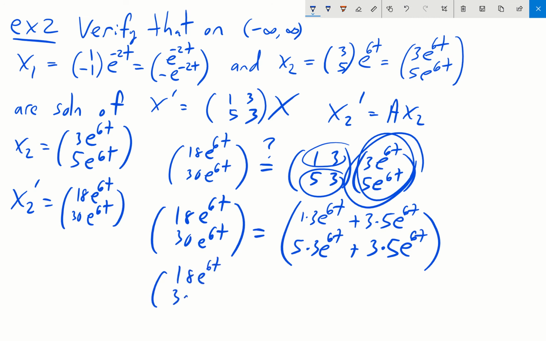We can go ahead and tally those up. This will be a 3 plus 15 will give us an 18 e to the 6t because they're like terms. And here we have a 15 and another 15, which will give us a 30 e to the 6t. So again, these two vectors are equal because their components are equal. So that also shows that x2 is a solution to this system.